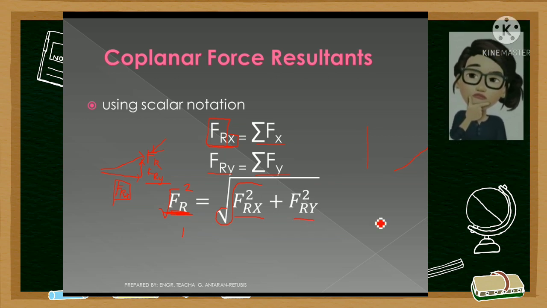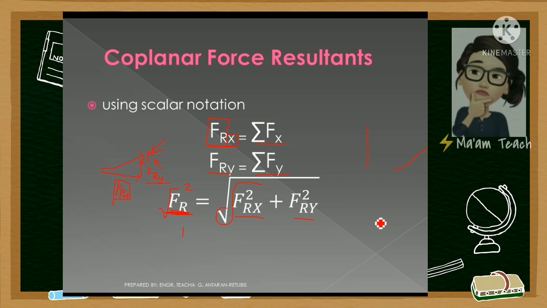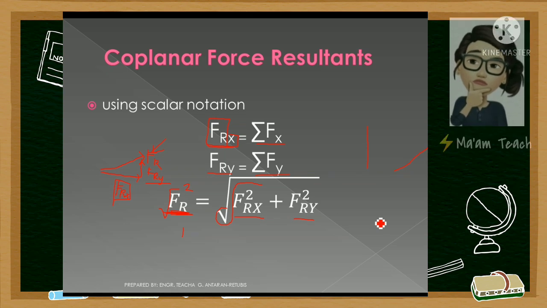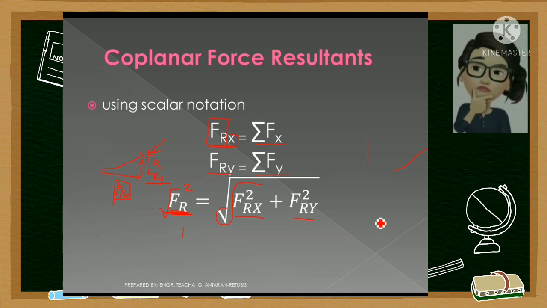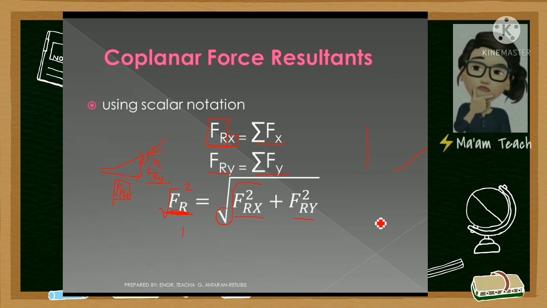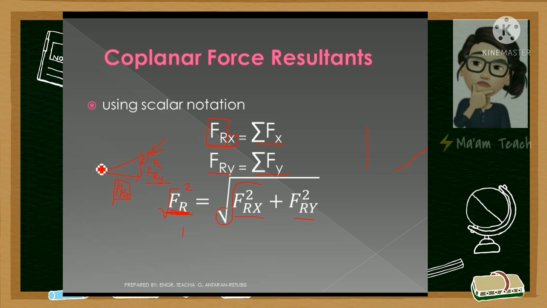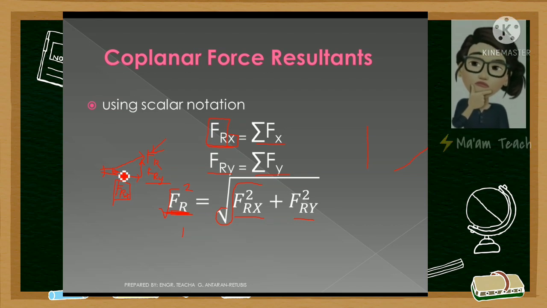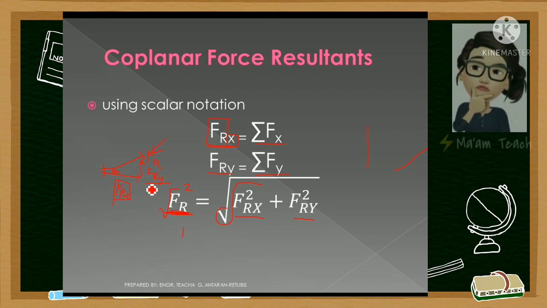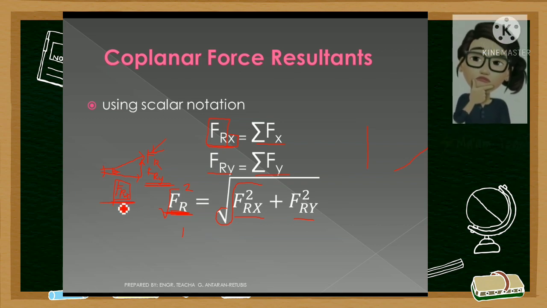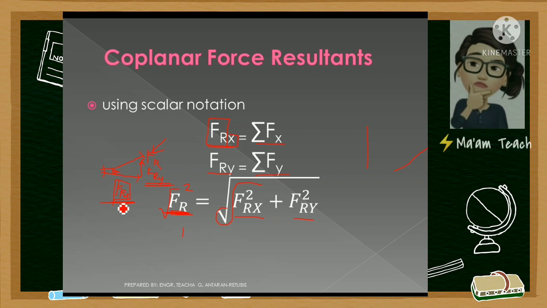Unlike in the Cartesian vector notation, class, where we express our direction as i and j, in scalar, we will express it through theta, through an angle. So how are we going to solve for it? If we have the values of fry and frx, what trigonometric identity can we use from it?